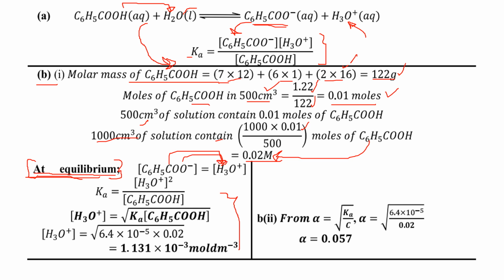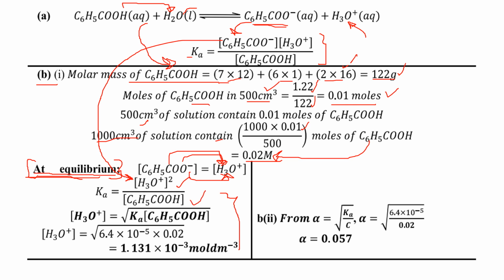Now substituting, since the molar concentration of benzoate ions is equal to the molar concentration of hydroxonium, we are going to have the molar concentration of hydroxonium ions squared divided by the molar concentration of the benzoic acid, which we have just calculated.